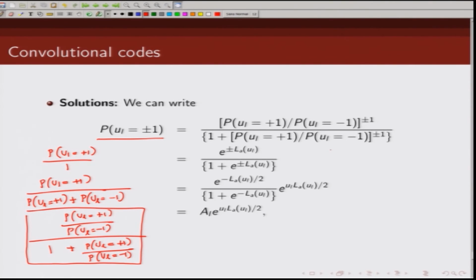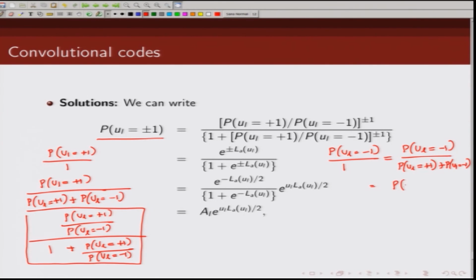Now, let us look at what is the probability that UL is -1. Again, I can follow the same procedure. I can write this as same as this by 1, or I can write probability of UL equal to -1 divided by probability of UL being +1 plus probability of UL being -1, and I can divide this by probability of UL being +1.